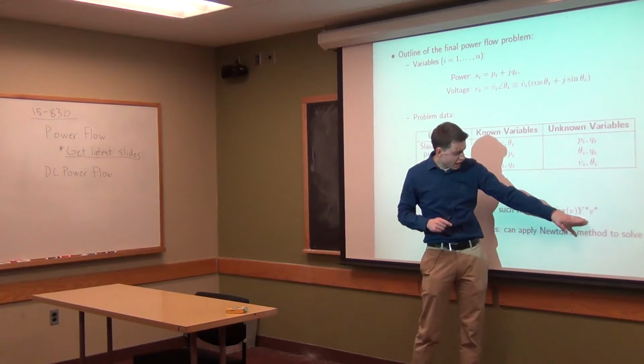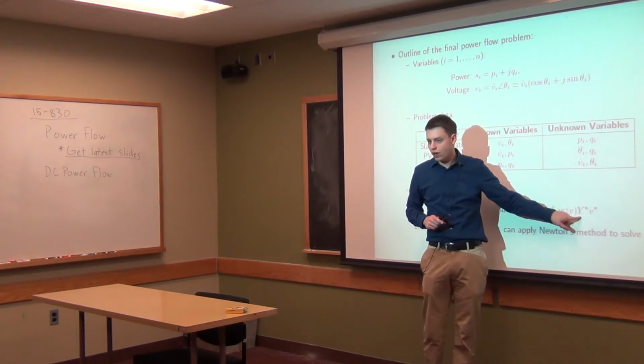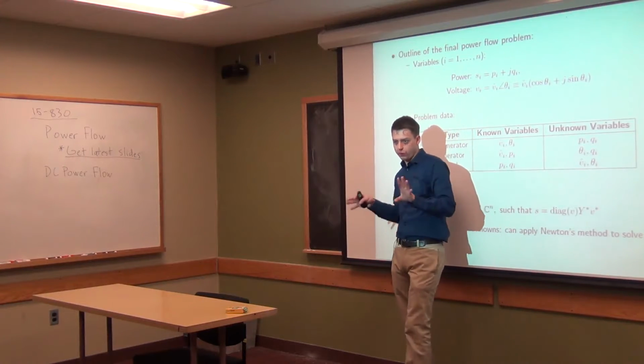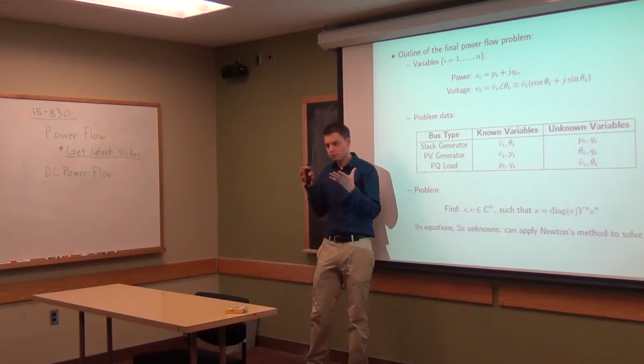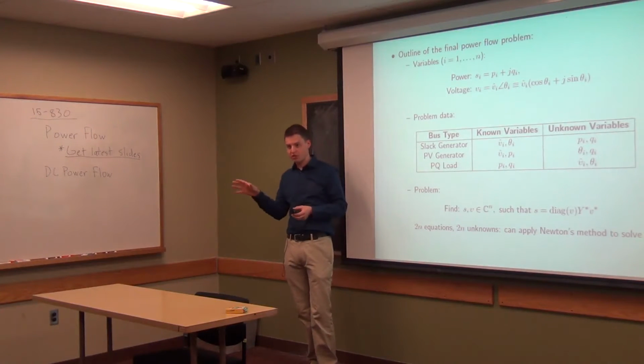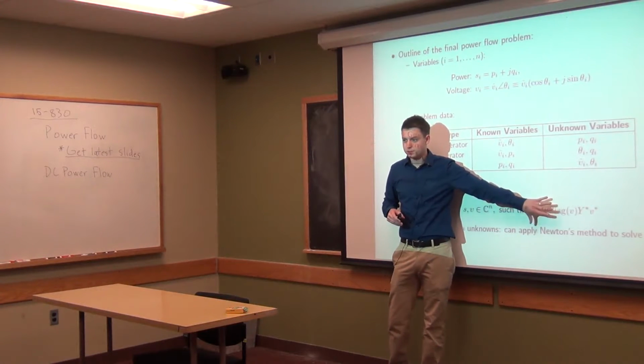This is a set of equations. It's really a set of n different equations, but there's both a real and an imaginary part to it. So it's really 2n equations, because the real portions have to be equal for both these things, and the imaginary portions have to be equal for both those things.